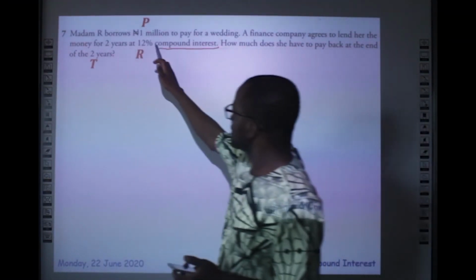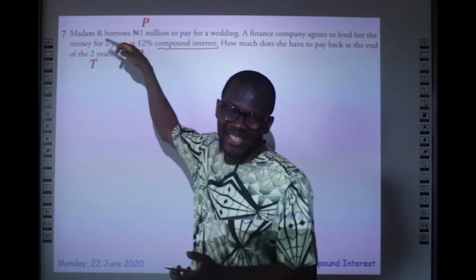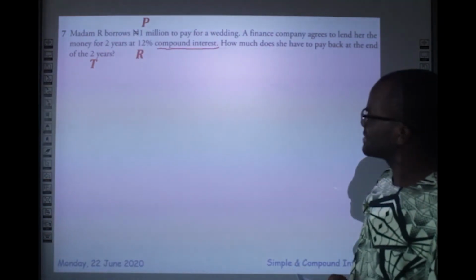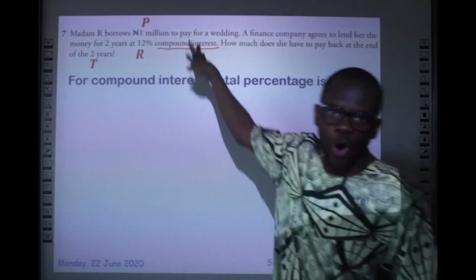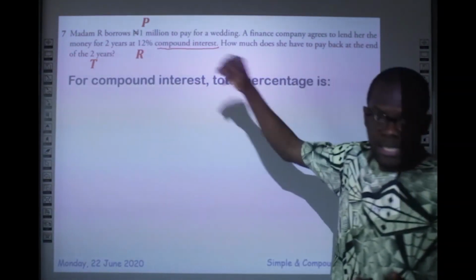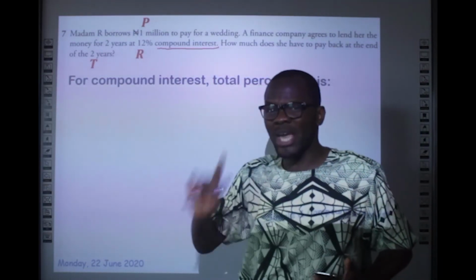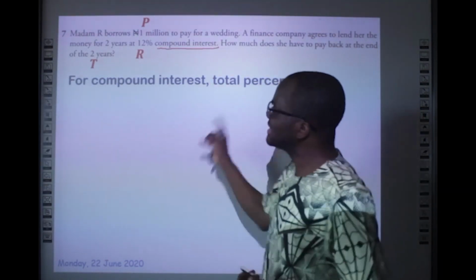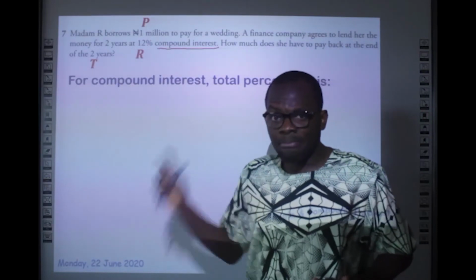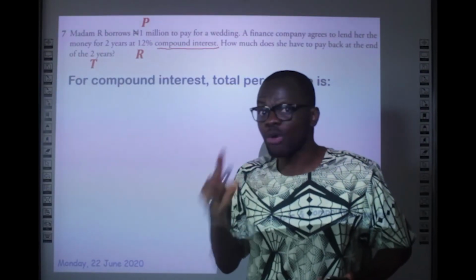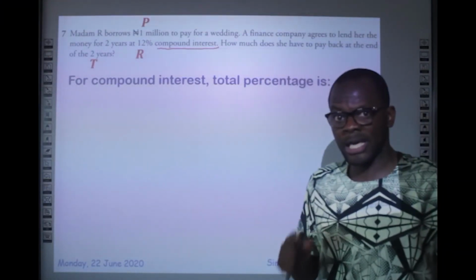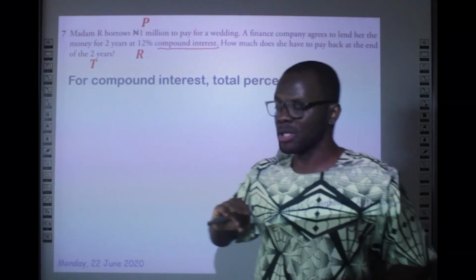So the rate also is given. The rate is very high, 12%. That's the rate. So once you identify all the quantities given, let's go ahead and use them in the calculation, because it's also important for you to be able to correctly identify the given quantities. Make sure you identify the given quantities correctly first, okay, and then you can proceed with the calculations.